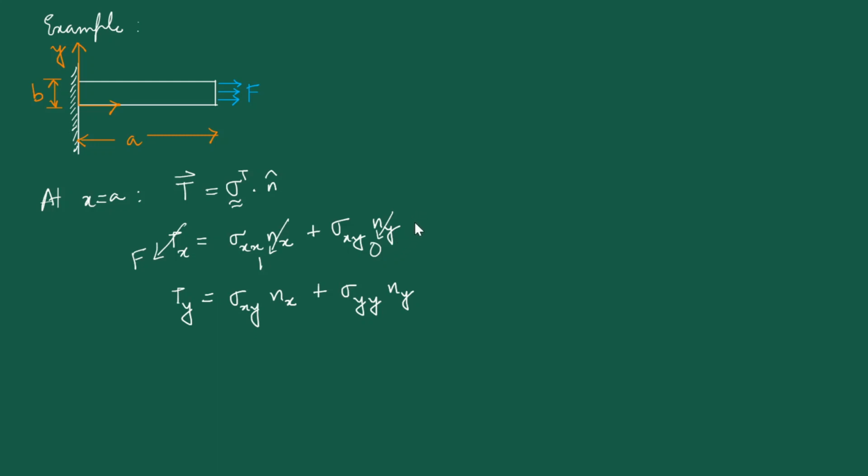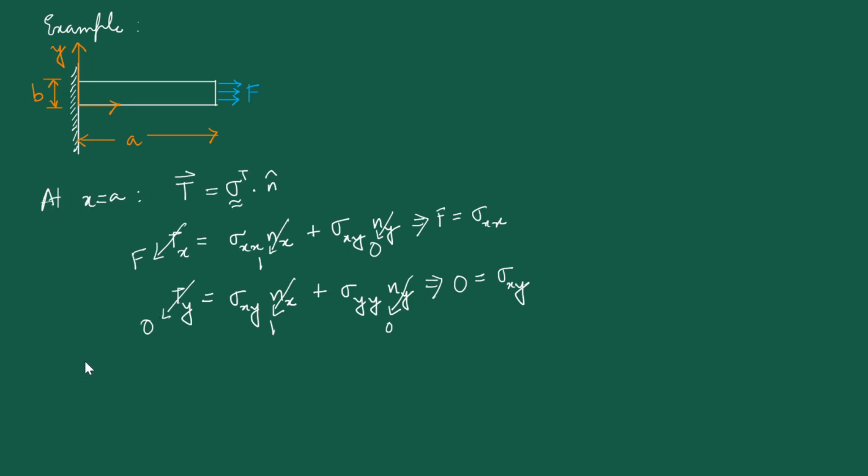So what we have from here is that F is equal to sigma xx, which is very intuitive, but we have arrived at this in a systematic fashion. Ty, however, is 0, and again nx is 1 and ny is 0 because we are still talking about the same surface. So this gives us 0 is equal to sigma xy. That is the first set of boundary conditions applied on the edge x equal to A.